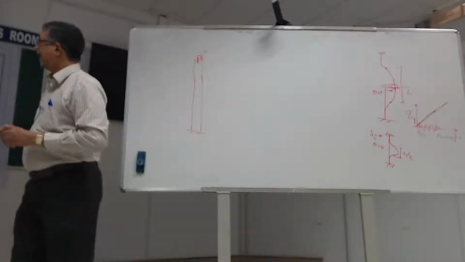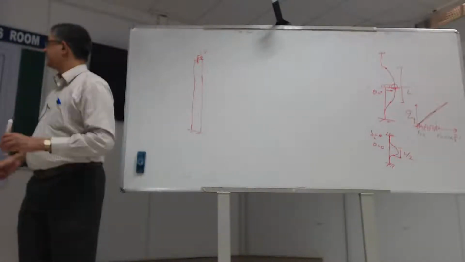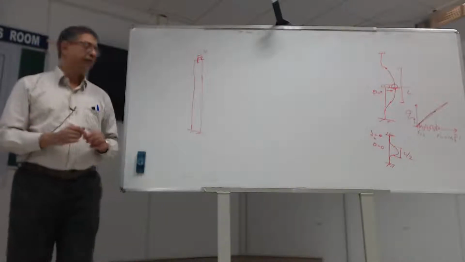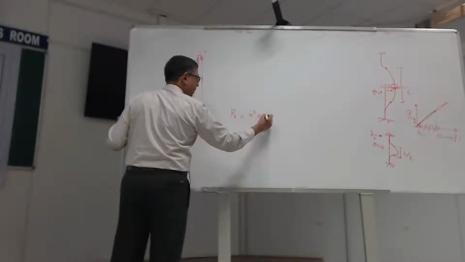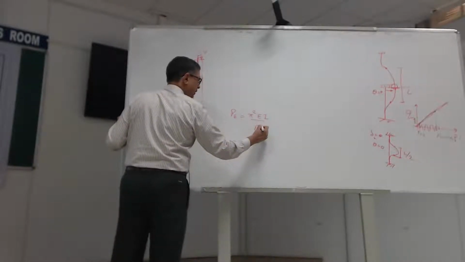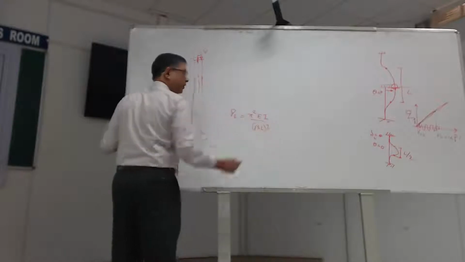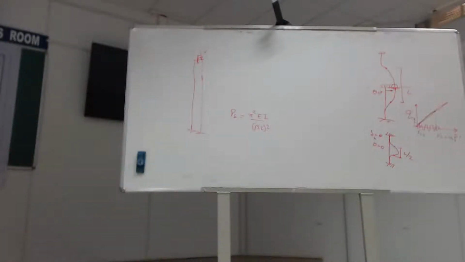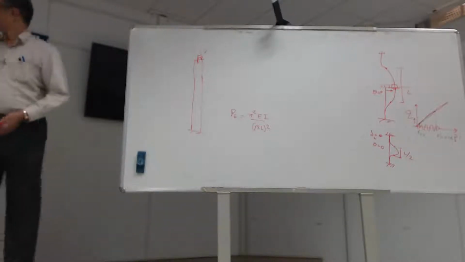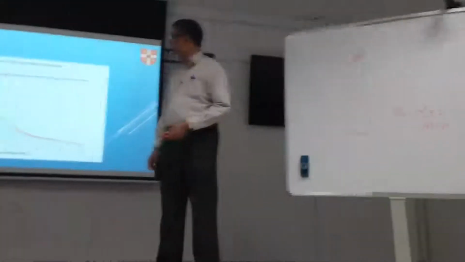If you do that, you calculate your Euler load using your standard equation. If I plot that for various unsupported lengths, this red line is the vertical load by Euler calculation.